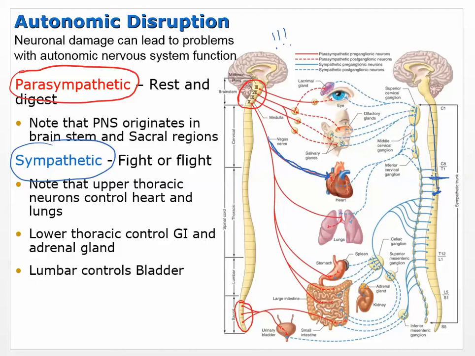So if we have an injury around the mid-cervical area or mid-thoracic area, that signal can't get down there. And so this autonomic signal, this vasoconstriction, this release of adrenaline is going to keep that vasoconstriction going. So even though the parasympathetic nervous system is fine because the damage is, well, down here, this guy's got a really long neck, it does have the ability to slow the heart.